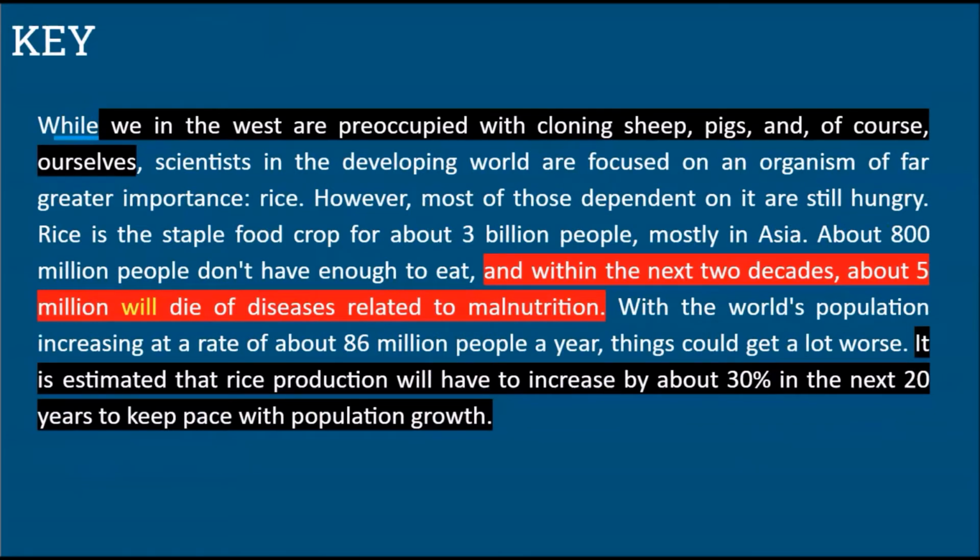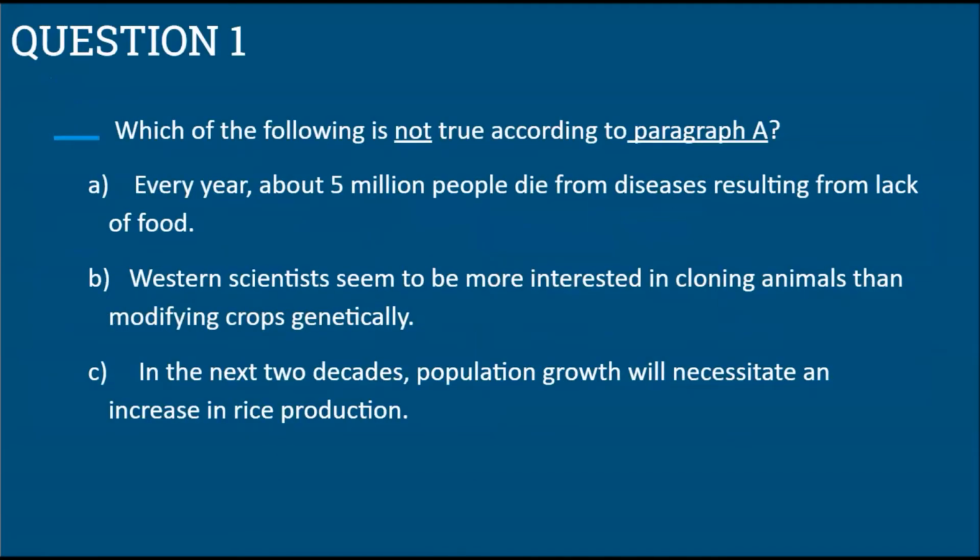When you read the paragraph, you see that we are given the information that about 5 million will die of diseases related to malnutrition. So they will die in the future because of malnutrition, right? However, when you go to the question, choice A gives us the information that every year about 5 million people die.